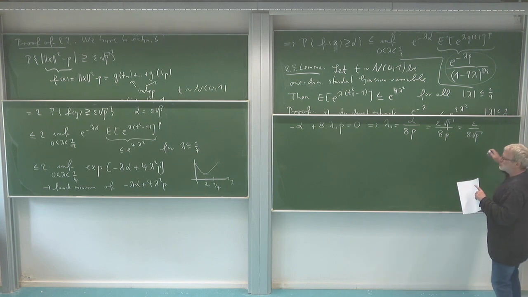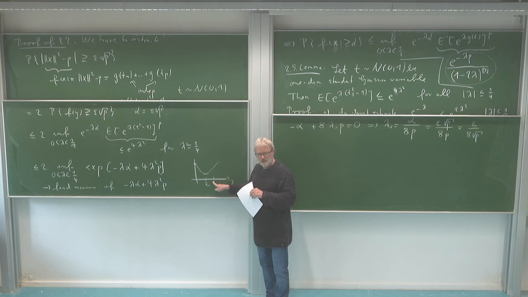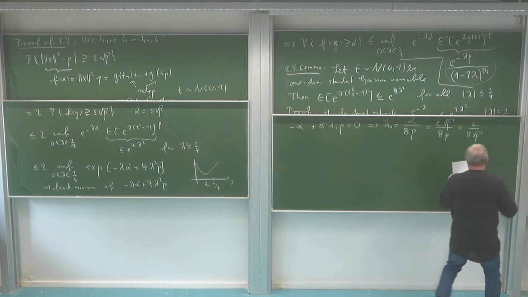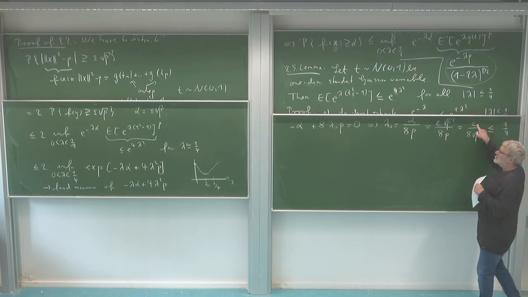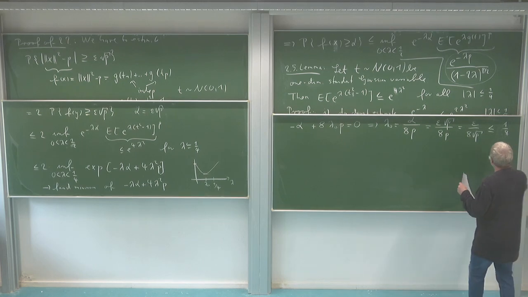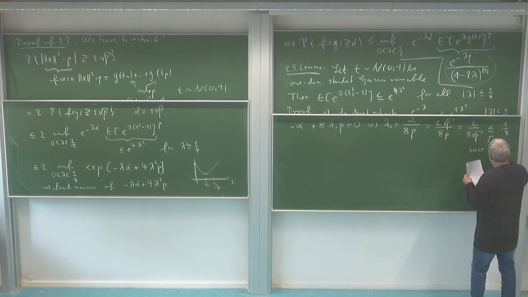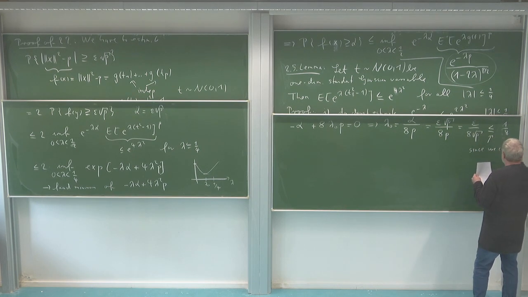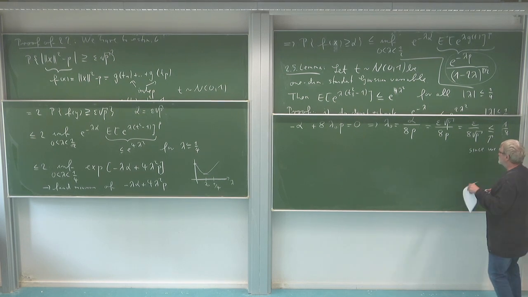And maybe we should make sure that we are really in a domain between 0 and 1 over 4, because if lambda 0 would be outside, then those estimates are not true. In this case it seems to be less than 1 over 8, because we have restricted epsilon to a specific domain. This is true because in our theorem we consider only epsilons which are small compared to the square root of p.